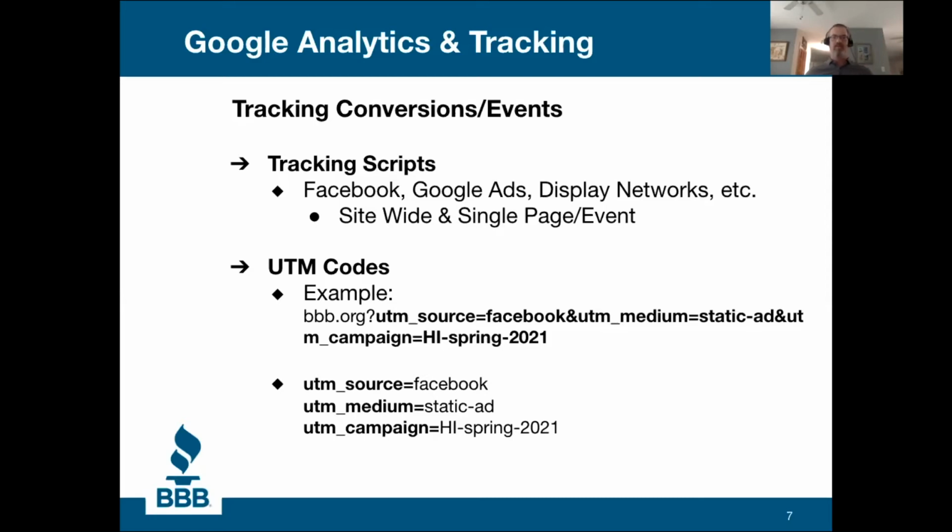One of the first things we have to make sure we do is this: any marketing channel that you're running, Facebook, Google Ads, any of the display networks, any display advertising campaign, they're going to have tracking scripts that they want you to install on your website. Typically, these are put on every single page so that the system can track what happens once someone clicks on the ad on Facebook. Facebook wants to know, what did they do on your website? Did they fill out the form? Did they convert?